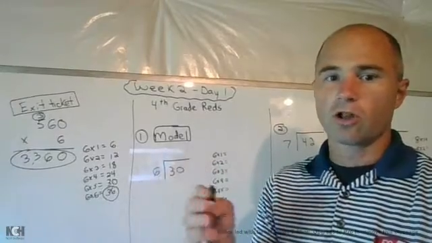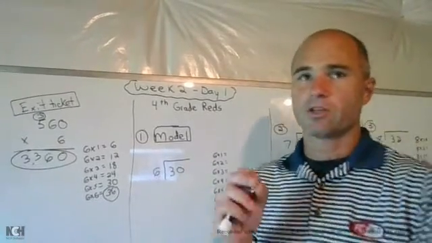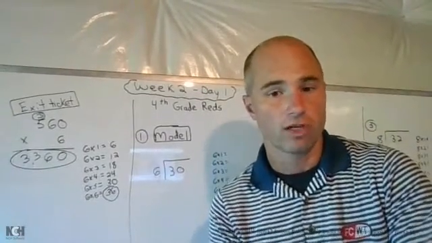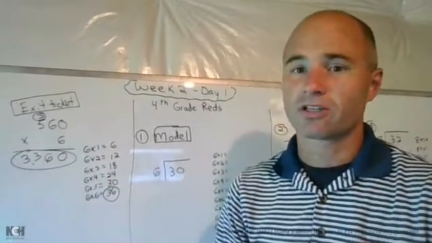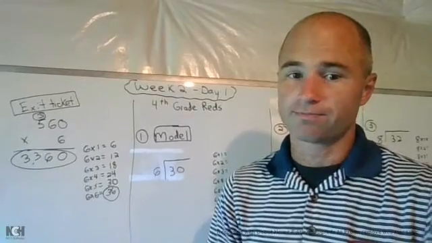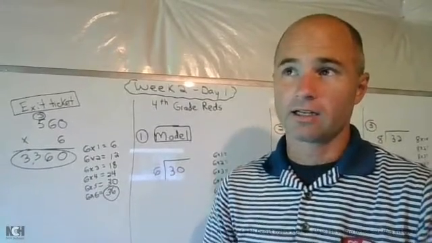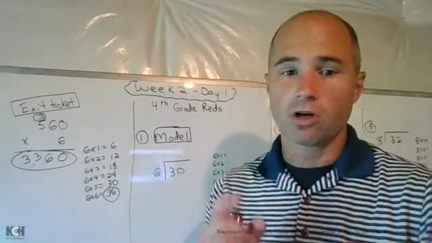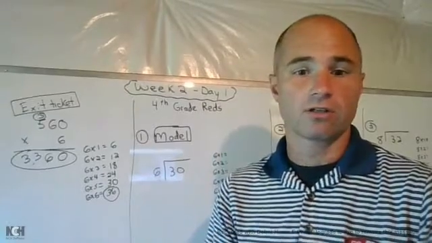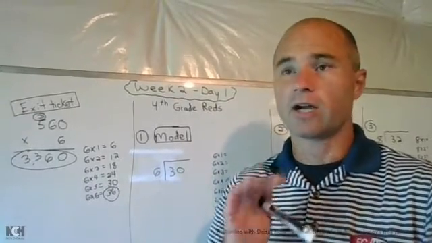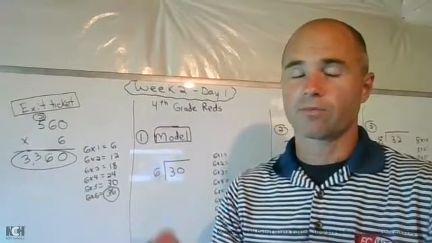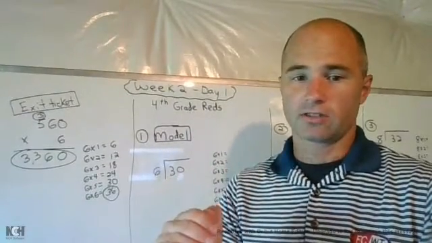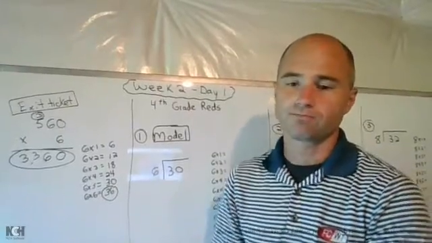By the end of 4th grade, you're supposed to be fluent in all of them. Now, I'll tell you a little secret. Most 5th graders this past year were not, and it made math a lot harder for them. So I would highly recommend not only practicing your multiplication facts this summer, but also your division facts.